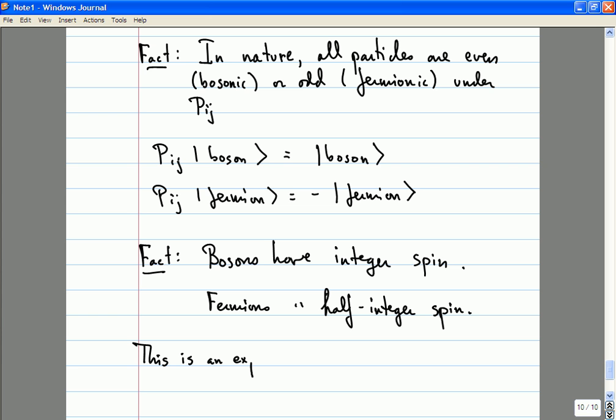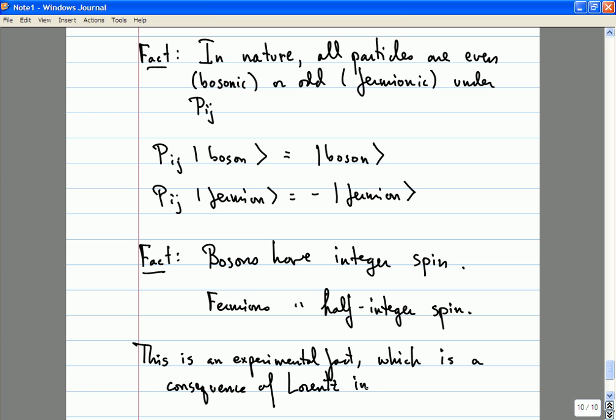However, it turns out that it is actually a consequence of special relativity. In particular, it's a consequence of the Lorentz invariance of nature.